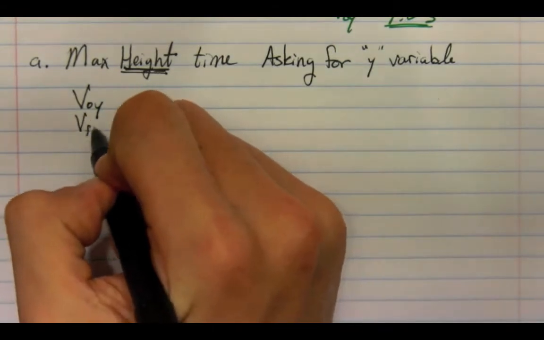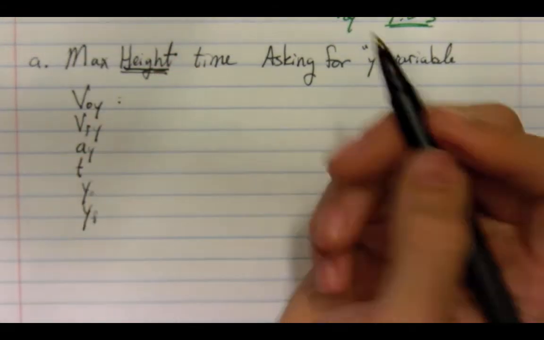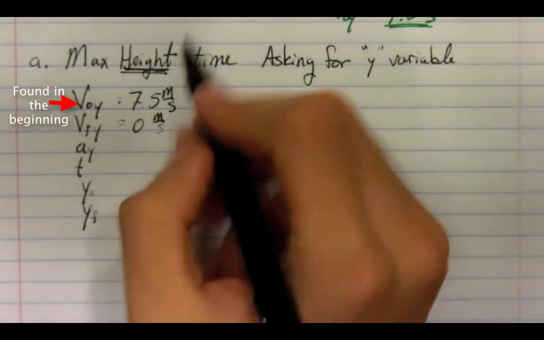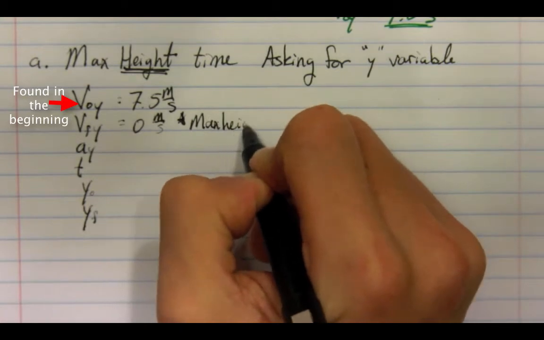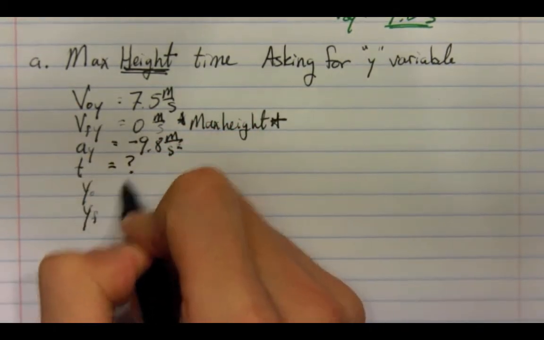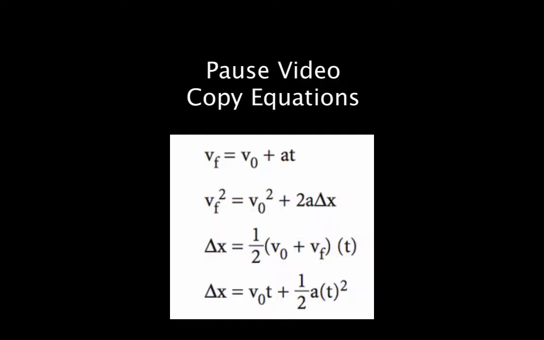Maximum height is asking for a variable that's in the y-axis. So all the variables I write down will be for the y-axis. Going to write down all the given and the recently found pieces of information. A sub y, of course, being negative 9.8 meters per second squared for gravity.